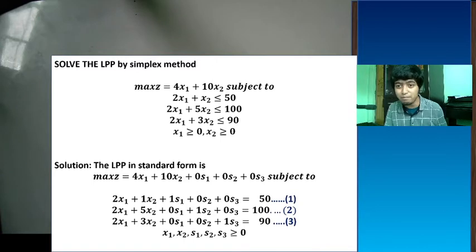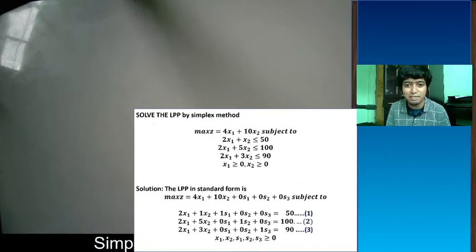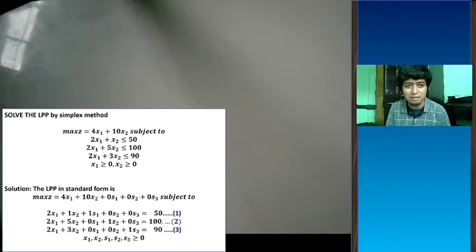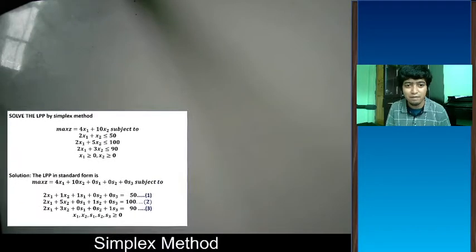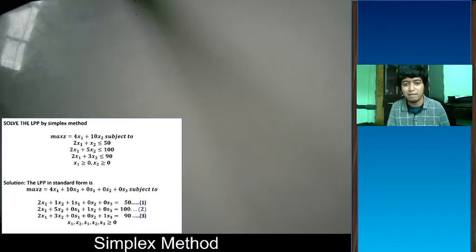Next, as you notice in the algorithm, we have to obtain a basic solution. Let us see how we will obtain a basic solution for this LPP. We have 5 variables and 3 equations.